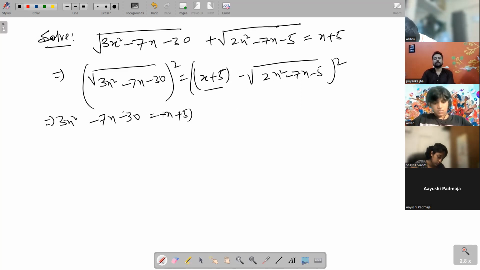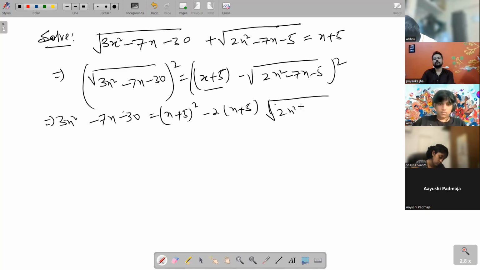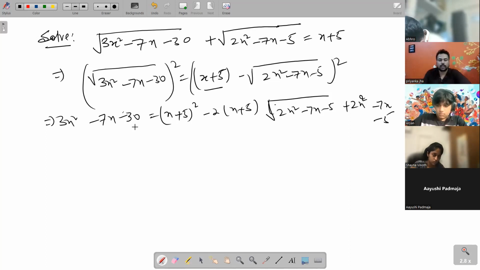So a square minus 2ab, and then plus b square, that is 2x square minus 7x minus 5.